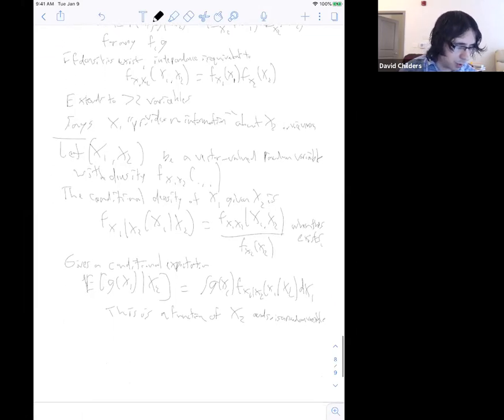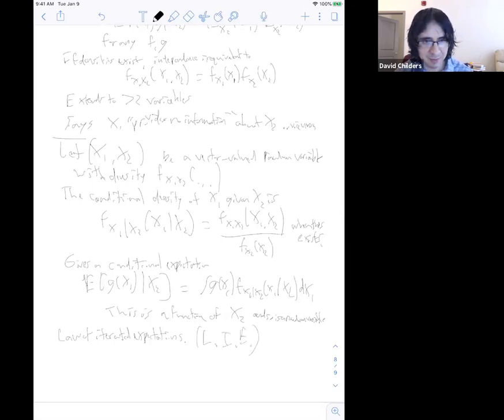And so the most useful property, and we'll be using this extensively, is the law of iterated expectations. We're going to be using this so extensively that I'm going to use an acronym, the LIE. I'll write that after the lines of a lot of steps in theorems.